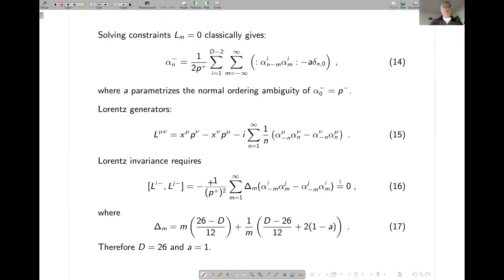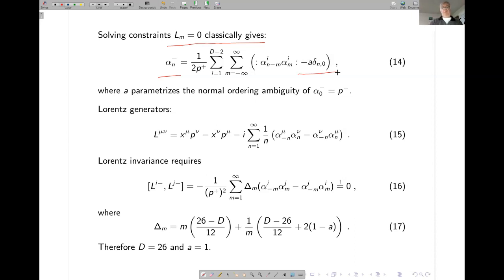So I told you we solve the constraints L_n equals 0 classically and get operators alpha minus as infinite sums over the alpha i's. But as we discussed previously, once we proceed to the quantum theory, we will have a normal ordering ambiguity. And as before, since this only applies to the operator with m equals 0, I've parameterized this in the form of a constant a.